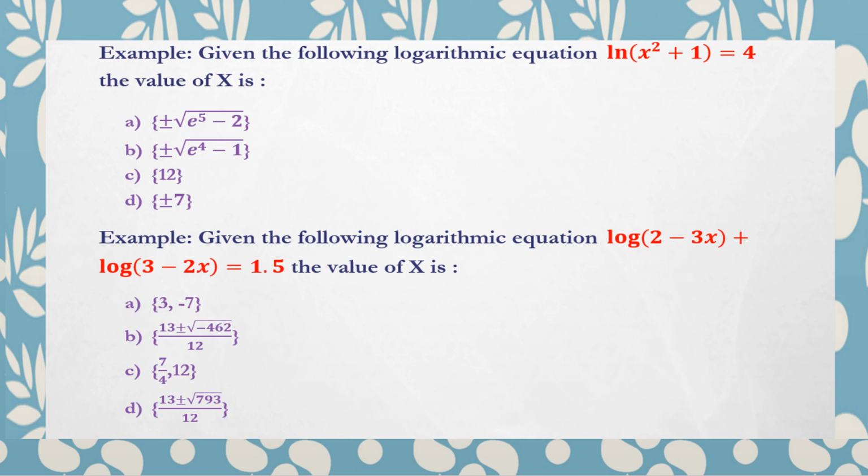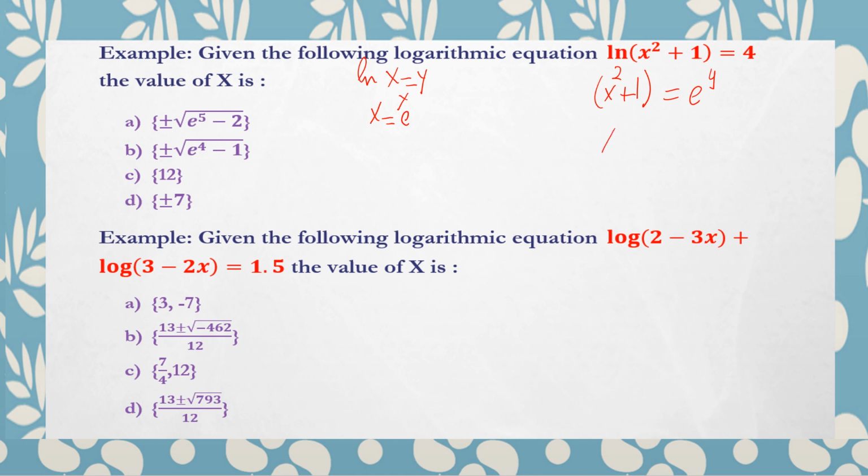Another example, given the following logarithmic equation, ln of x squared plus 1 equals 4. Again, using the property ln x equals y means x equals e power y. So x squared plus 1 equals e power 4.